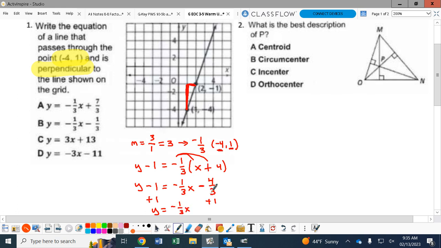And then this is already in your calculator, so all you have to do now is hit +1 equals, and what does it give you for that? -1/3. There you go. Okay, guys, so which choice is it? B. Because y equals -1/3 x minus 1/3. Okay, concerns, questions, anything about this before we move on?